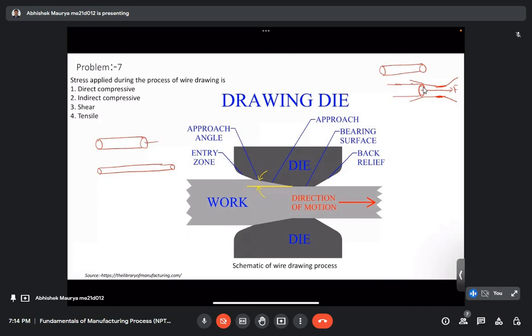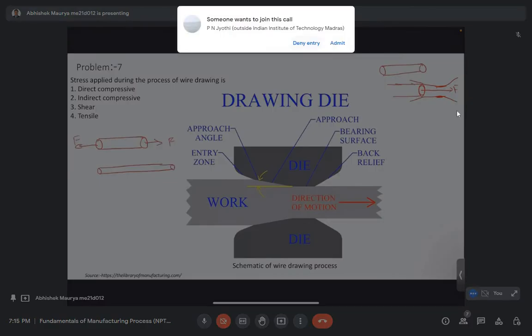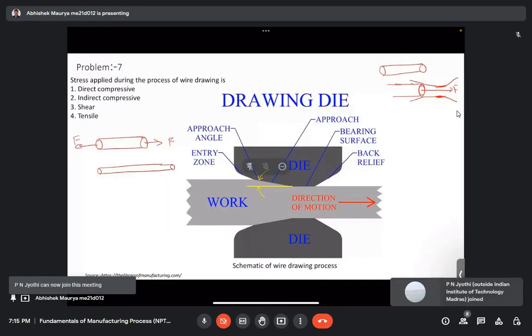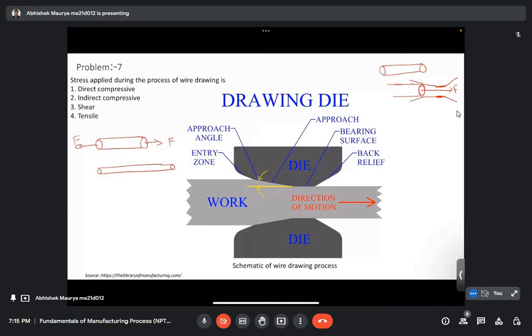If we pull it there, then probably we can reduce the cross-section area, but it will not be very uniform in diameter. Therefore we need a die, so that our surface finish is good and the cross-sectional area is very uniform.